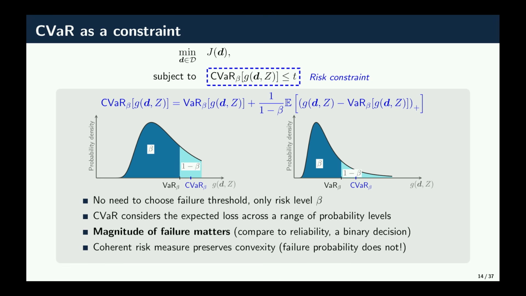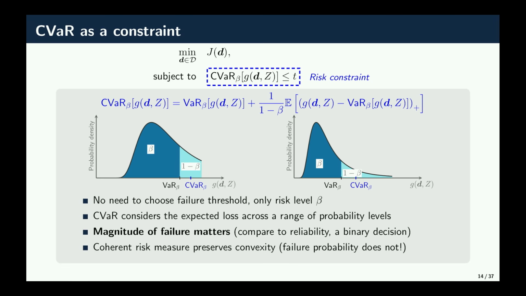And really, the key thing here is that in a binary decision of saying I fail or I don't fail, I never tell you how bad I fail, right? I could be very close to a threshold, a degree off or a degree off here, but in failure probabilities, they both count the same. A failed sample is a failed sample. A failed experiment is a failed experiment.